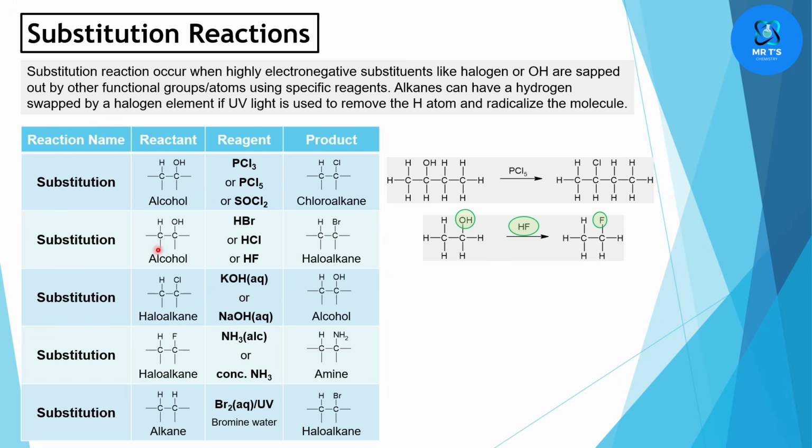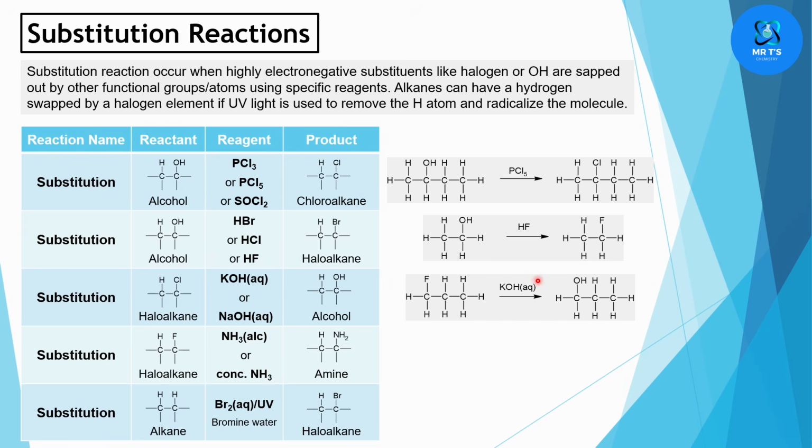The next one we're looking at is where we have a haloalkane and we are going to carry out a substitution reaction. We're going to remove the halogen and replace it with an OH group. We'll do that by adding potassium hydroxide or sodium hydroxide, but dissolved in an aqueous solution.